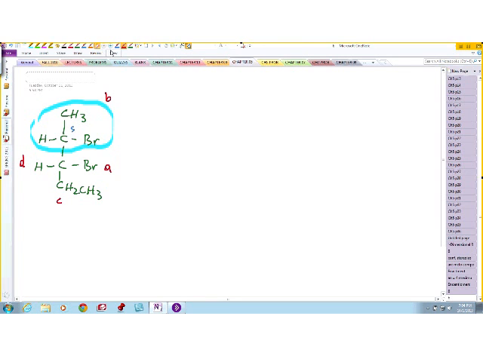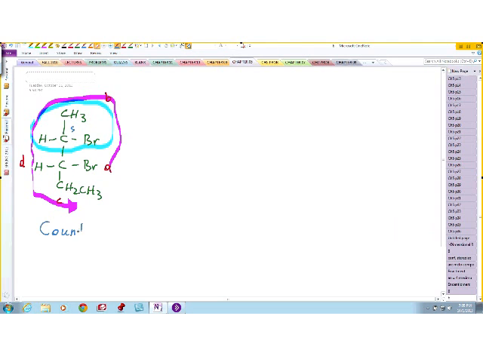So now what do we do? We make our motion from A through B, we ignore group D as if it was not in there, to C. And what is that motion?